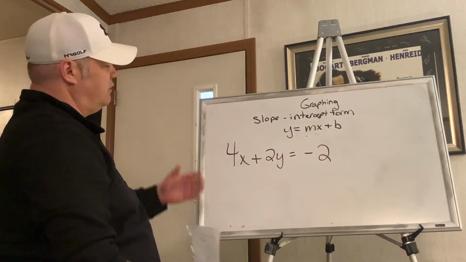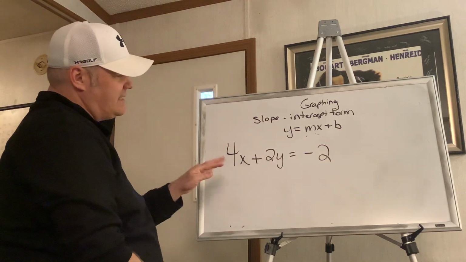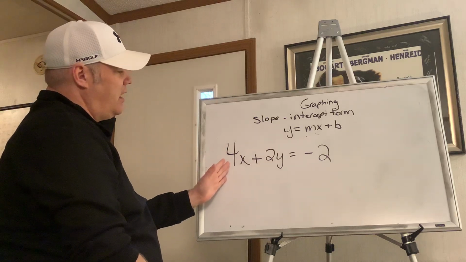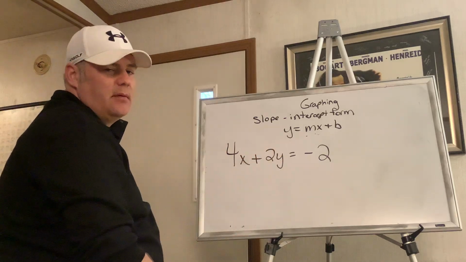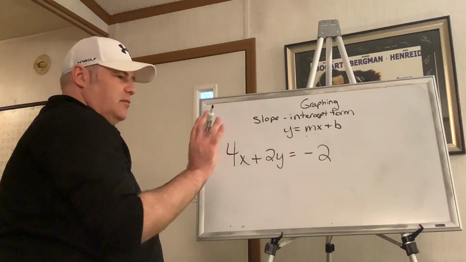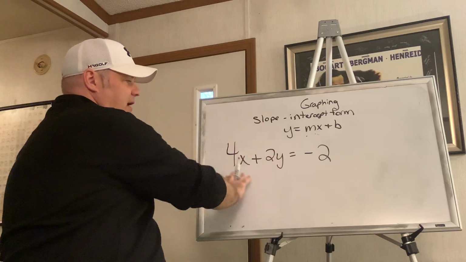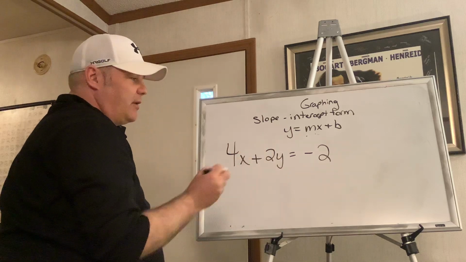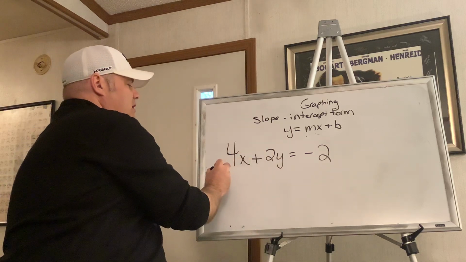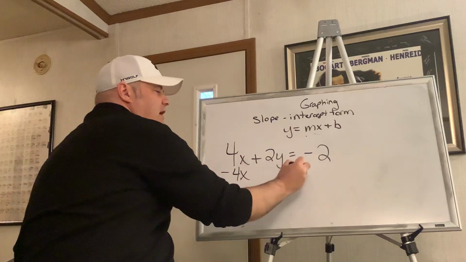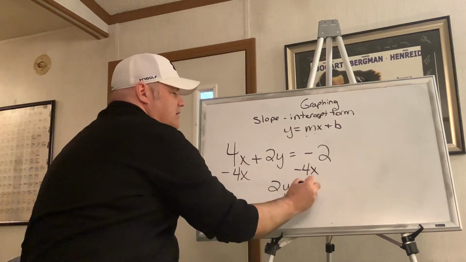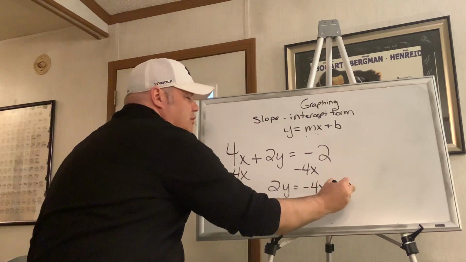So 4x plus 2y. Now, what I did here, I did a couple things. I put the x over on this side, and you're going to see too, we're going to have some negative numbers, but we've done these. This is where we had it cut in line. So let's get it in y equals mx plus b form. We have to do that first before we can graph it. So this is the one that I had us move and have us cut in line. So now this becomes 2y equals negative 4x minus 2.